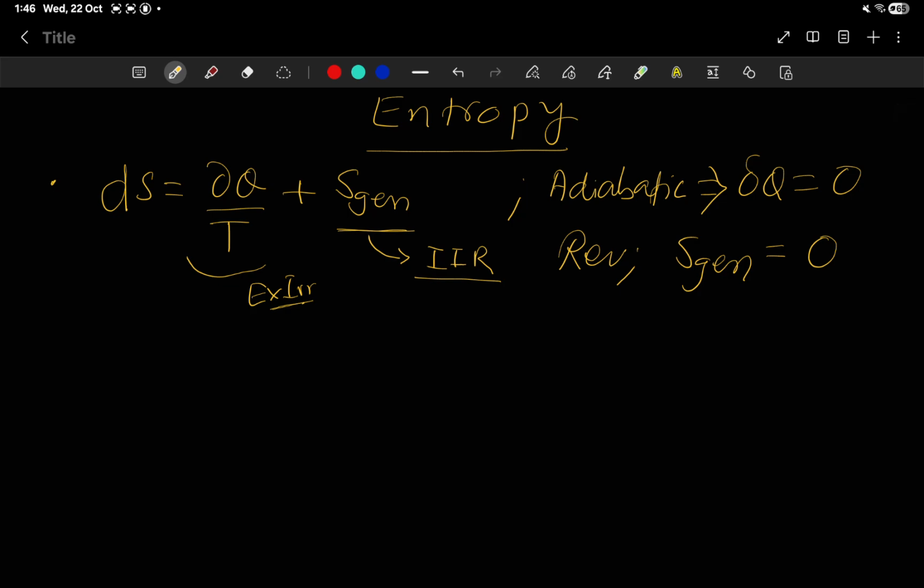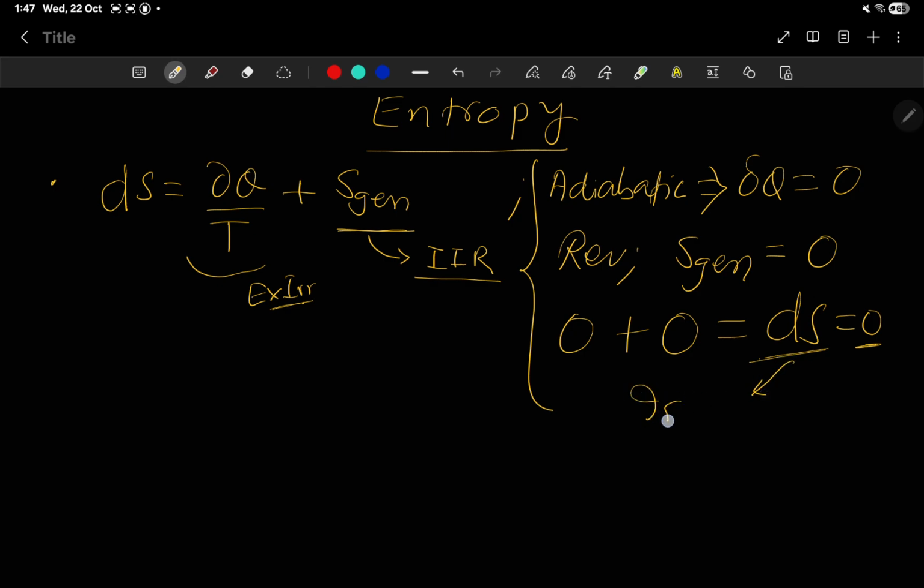And if I take a system which is adiabatic plus reversible, then we get dS equals to 0, right? So when entropy change is 0 or entropy remains constant, we call this process an isentropic process.